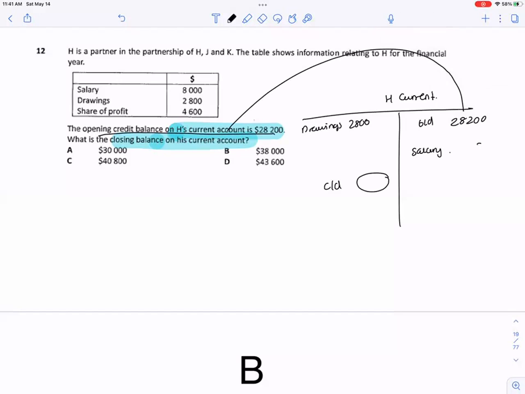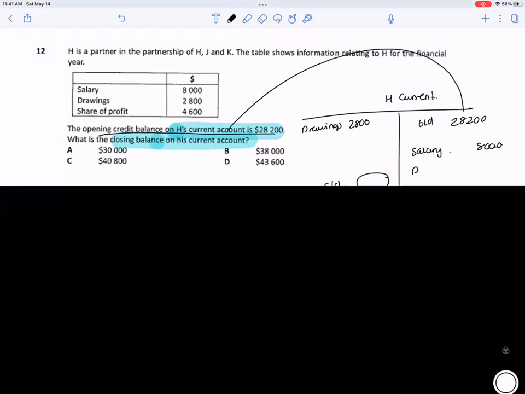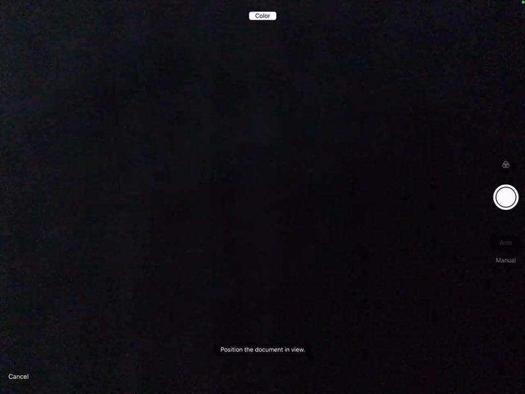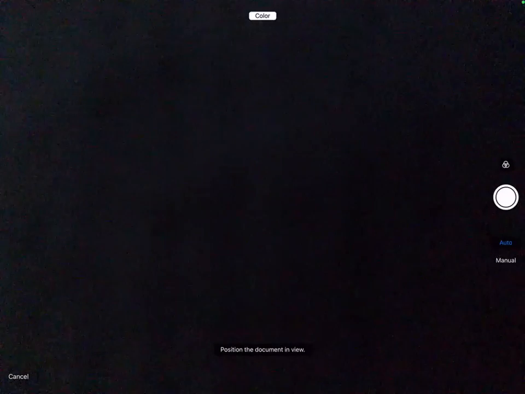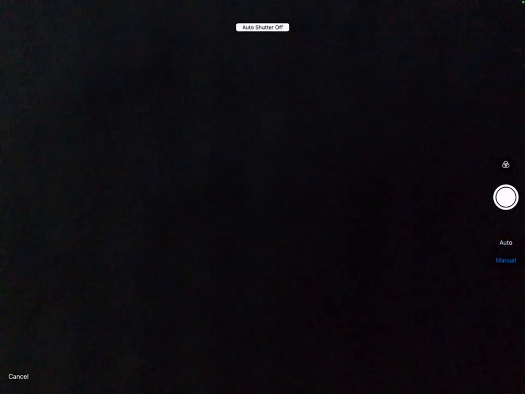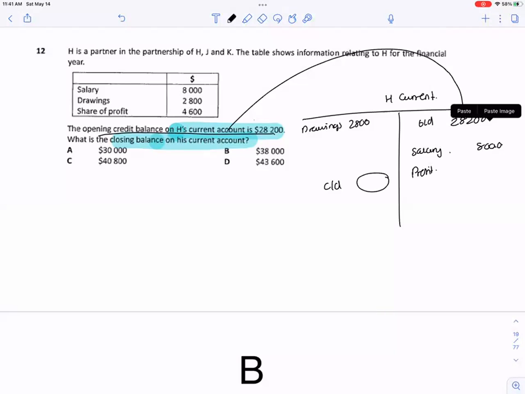Salary on the credit side, 8,000. Share of profit. What is the profit sharing ratio? Okay, this is the share of profit only.